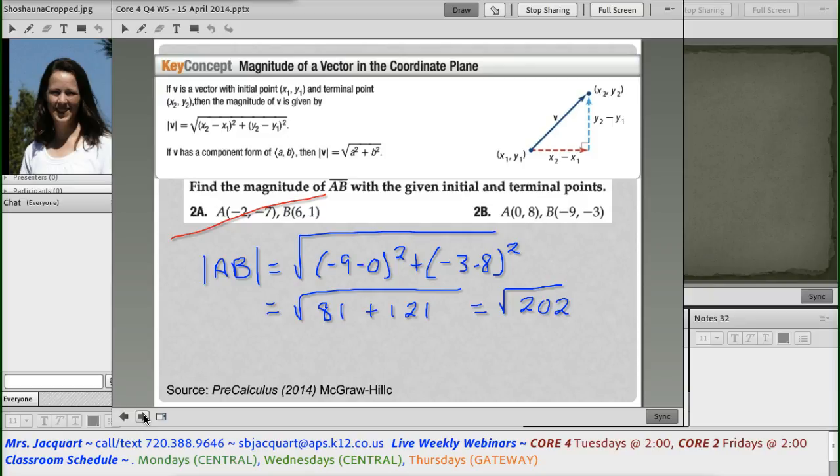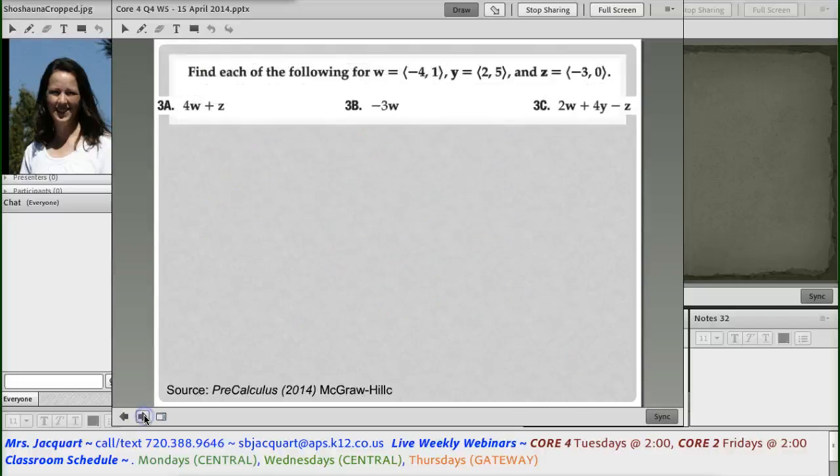And calculator is approximately 14.21. Okay, that's how you work those problems. They're not very hard. They're kind of fun. Okay, so we're not working those two. We'll get to those in a second.